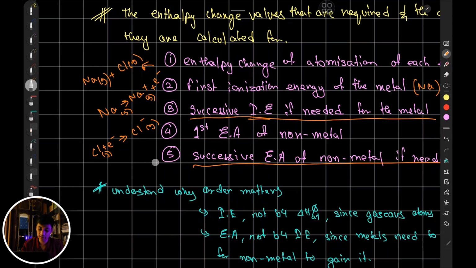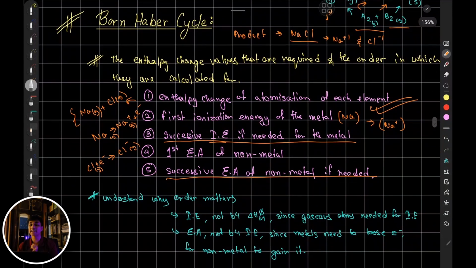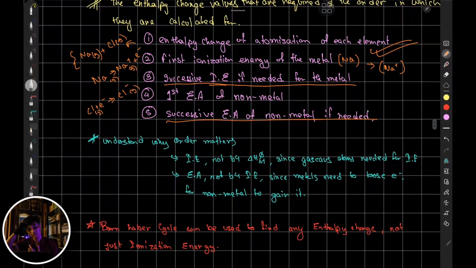Remember, all of these calculations are done with gaseous ions or gaseous atoms after the atomization process is done. Therefore, the first thing you need to do is atomize. Next, ionize. Then electron affinity. This order needs to be maintained. I have mentioned why the order matters. I'll repeat it. Ionization energy is not going to happen before atomization, since you need gaseous atoms for the ionization energy to take place, right?